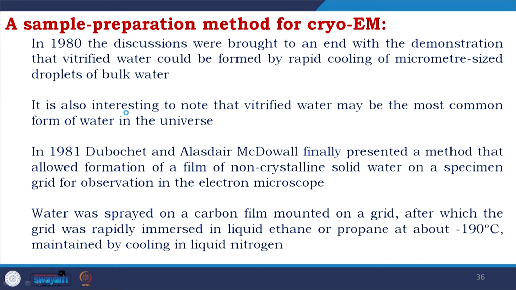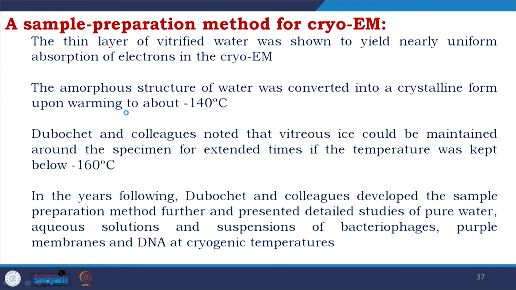Water was sprayed on a carbon film mounted on a grid, after which the grid was rapidly immersed in liquid ethane or propane at about minus 190 degrees centigrade, which is the temperature of liquid nitrogen, maintained by cooling in liquid nitrogen. The thin layer of vitrified water was shown to yield nearly uniform absorption of electrons in the cryo-EM, which was the dream.